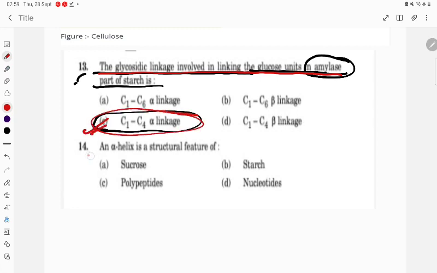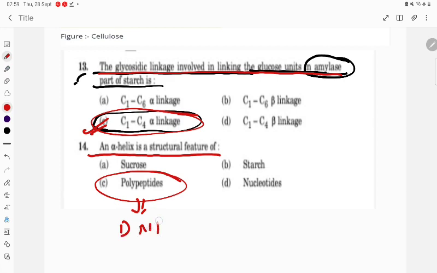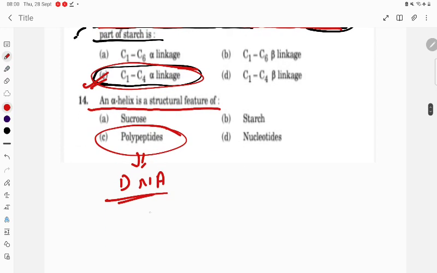And the alpha helix structural feature is found in what? This is a polypeptide strand. The helical shape is there. Otherwise, proteins too are polypeptides.